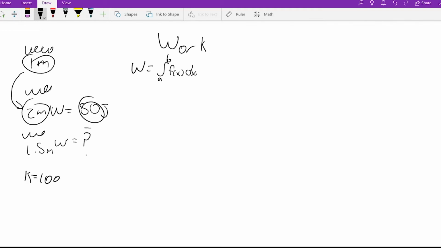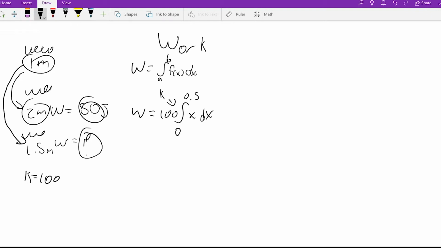To get this, we have the work is equal to the integral of 100, this is k, from 0 to 0.5, that is the distance from 1 to 1.5, of x times dx.